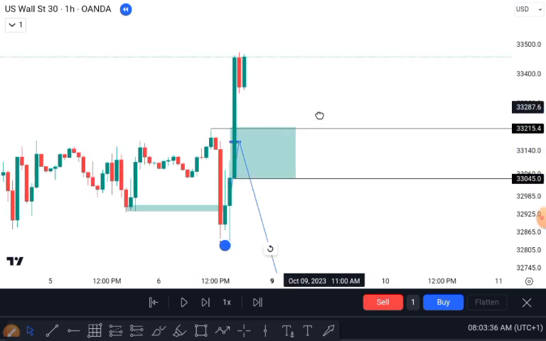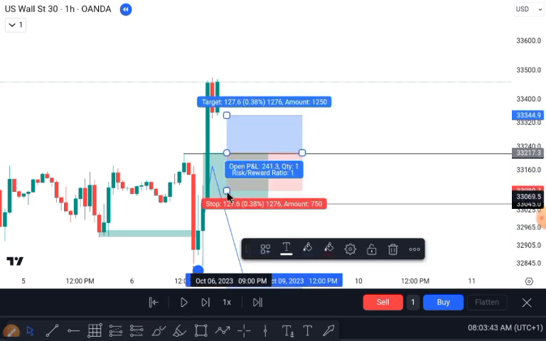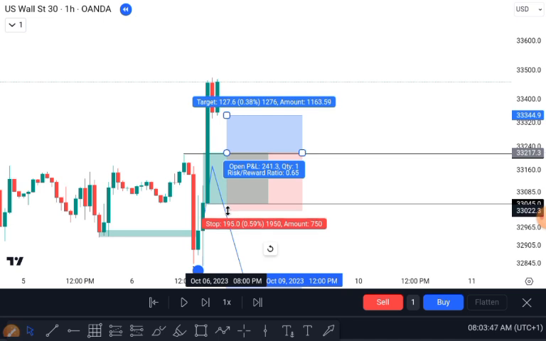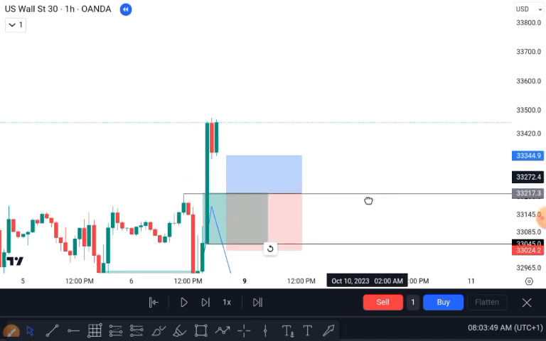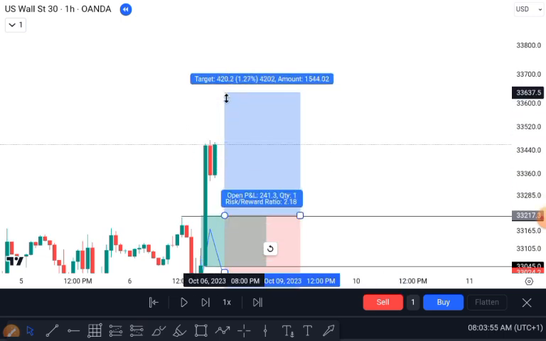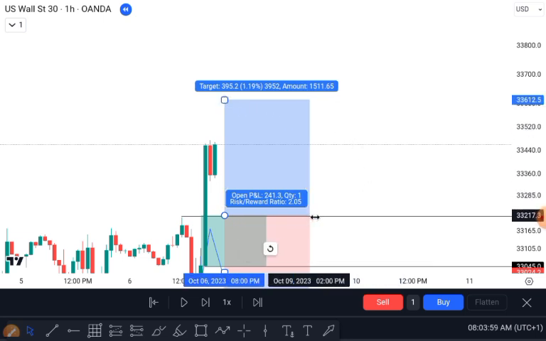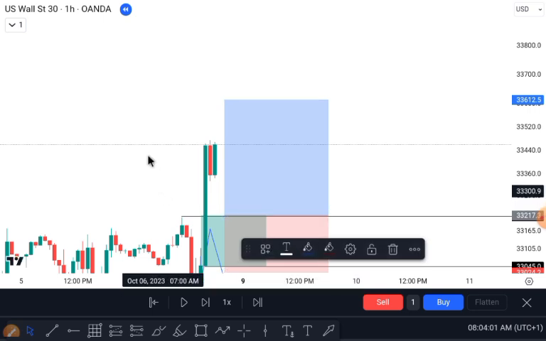So I'm going to take our tool, place it here, and let's go for a 1:2 risk reward ratio. This is 1:2. Do you understand it? This is a 1:2 risk reward ratio.